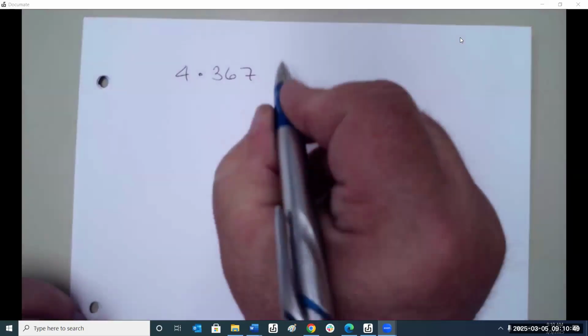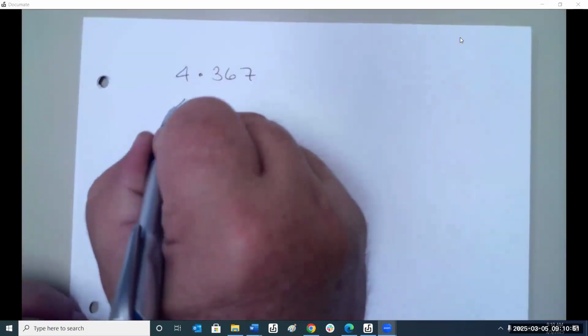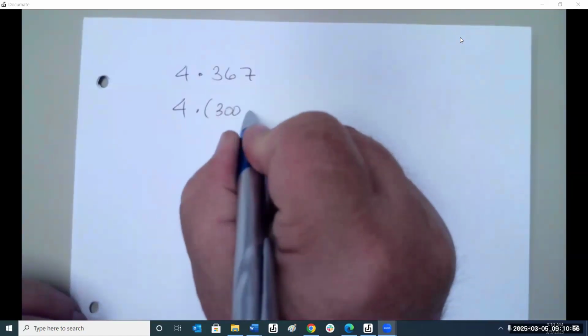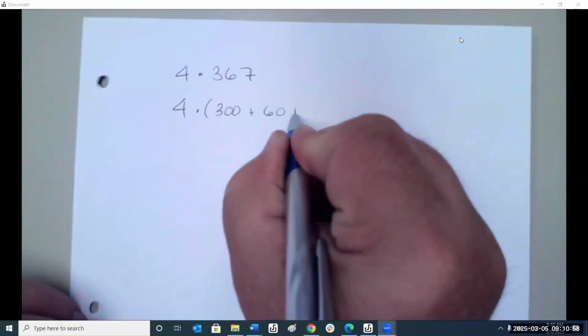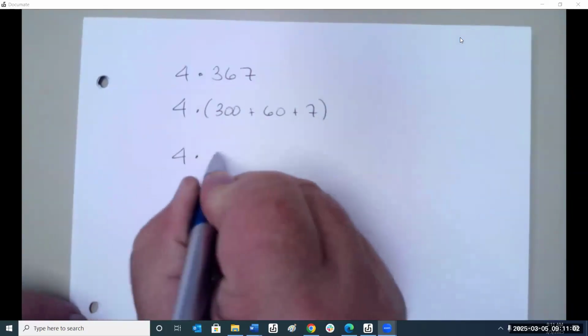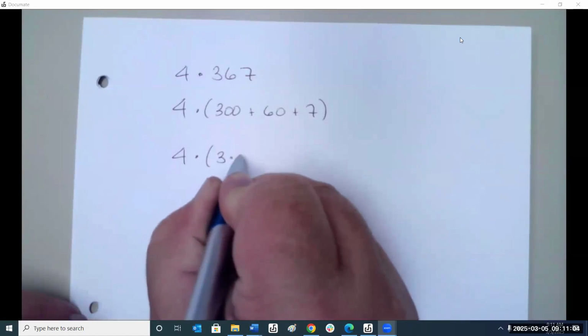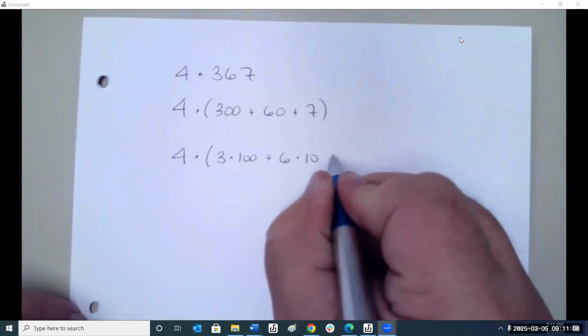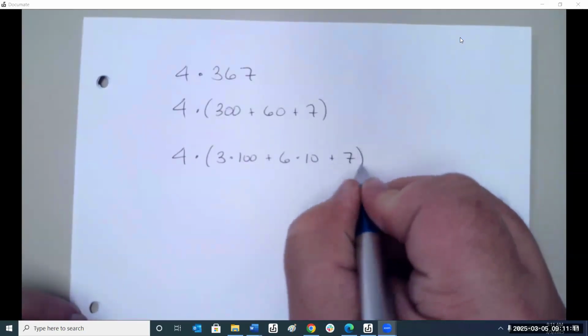How would you introduce that to a student? Yeah. So this breaks down to 4 times 300 plus 60 plus 7. 3 times 100. 6 times 10. And 7.